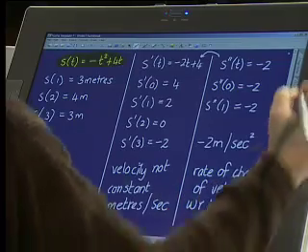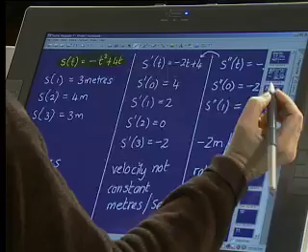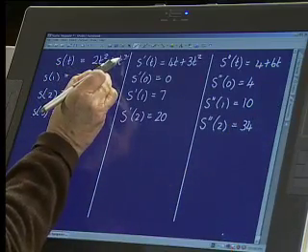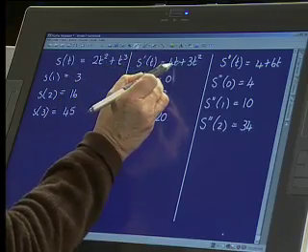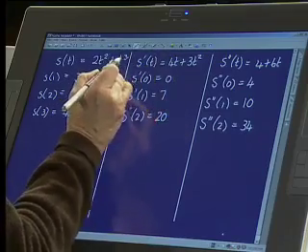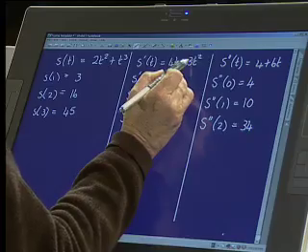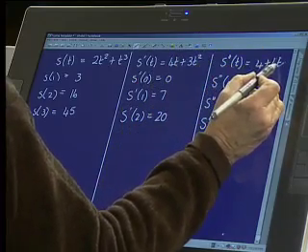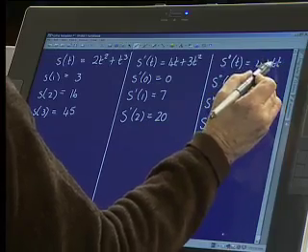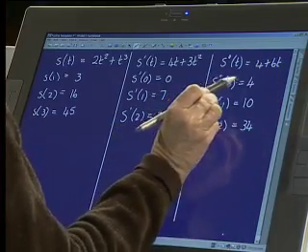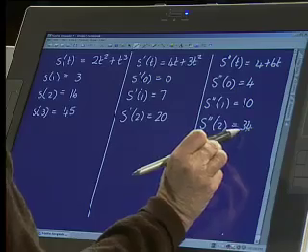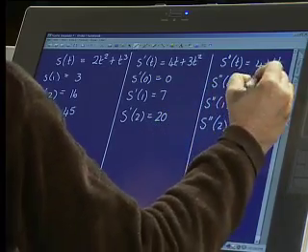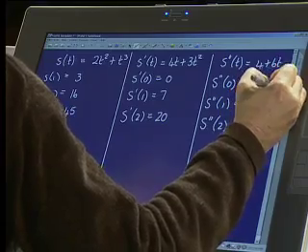And the last thing I want to point out is if I were to have a cubic, can you see that my first derivative, which is velocity, is going to be power 2. My second derivative, which is acceleration, is power 1. So the acceleration is not constant, but here we're getting initial acceleration of 4 meters per second squared.